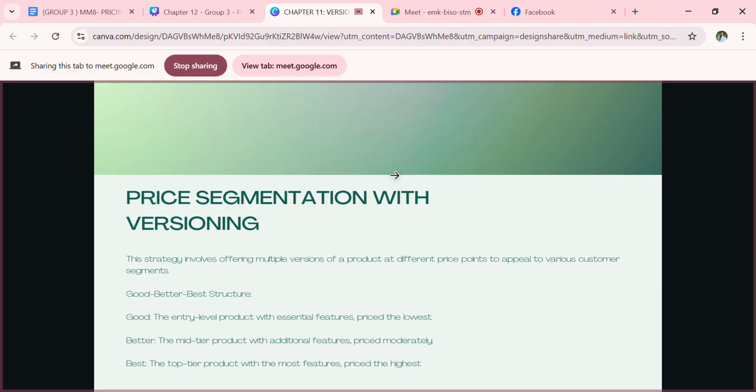So for our first topic, which is my topic, is price segmentation with versioning. The concept of price segmentation with versioning involves creating multiple versions of a product to cater to different customer segments based on their willingness to pay.